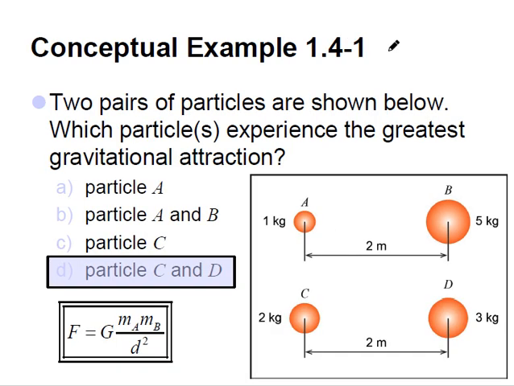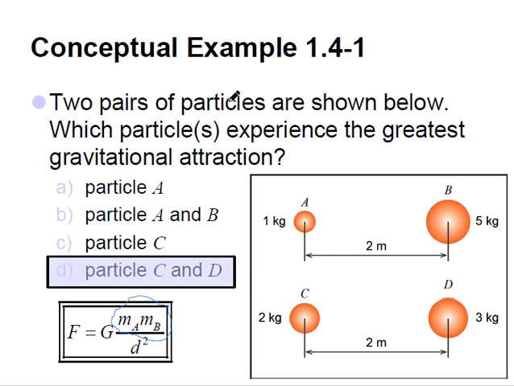All right, so now we understand how important the value of this operation, which is multiplication, is in gravitational force or attraction. And we're going to do a small problem to understand that. So we have two pairs of particles, A and B, and then C and D. That's your first pair, and the second pair.